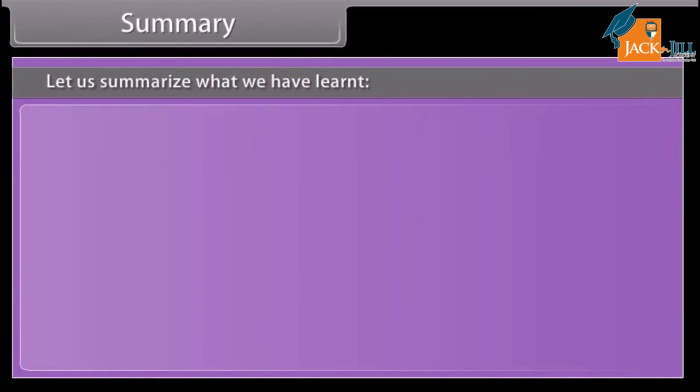Summary. Let us summarize what we have learned. If A is equal to [aij] m by n, then A dash or transpose of A is equal to [aji] n by m.